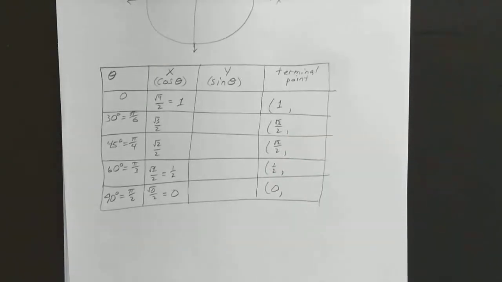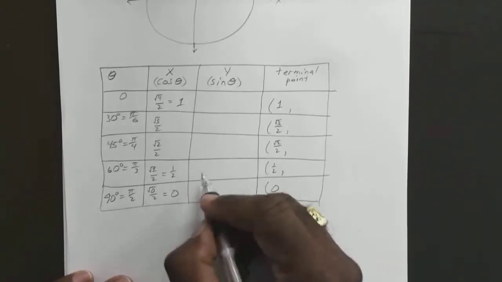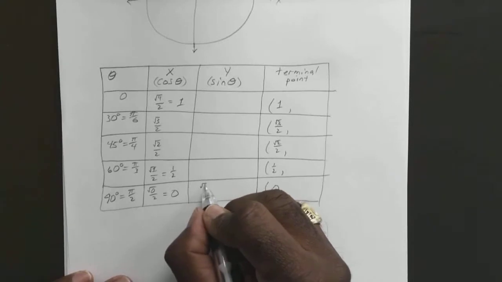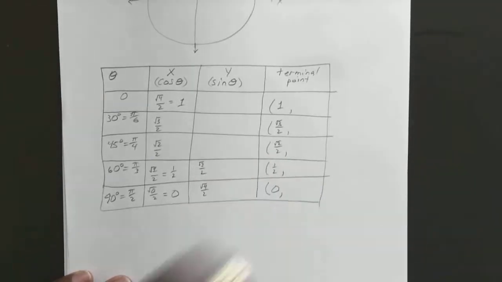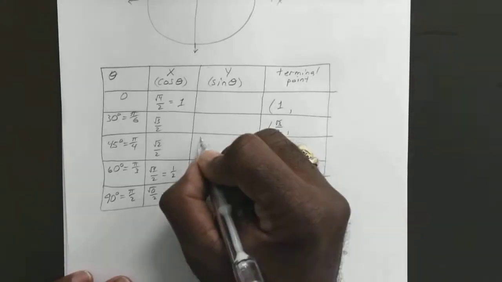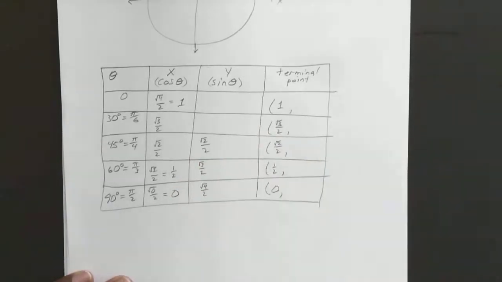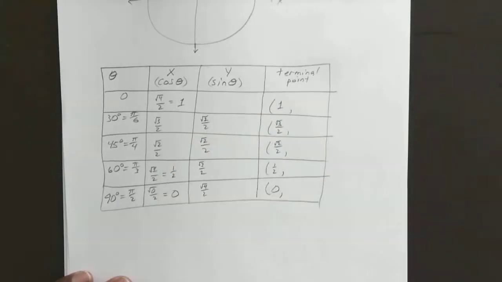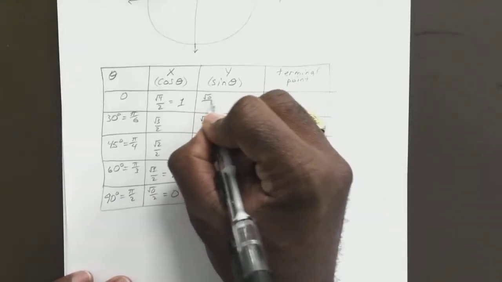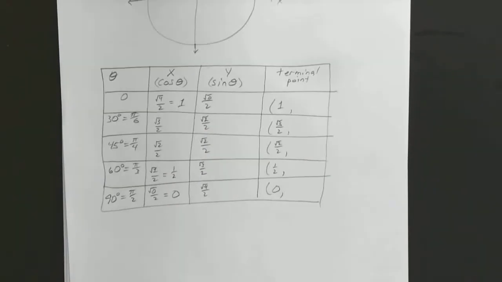So now for the y, we do the exact same thing, but we go in reverse. So this would be our square root of 4 over 2, square root of 3 over 2, our square root of 2 over 2, square root of 1 over 2, and square root of 0 over 2.